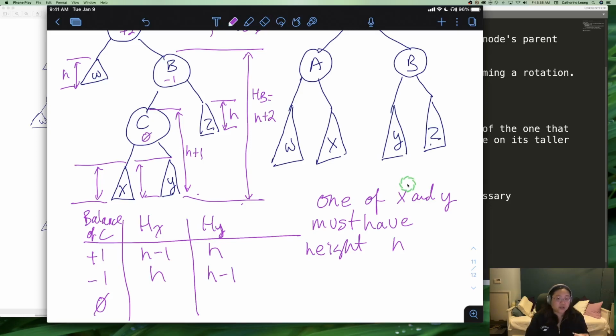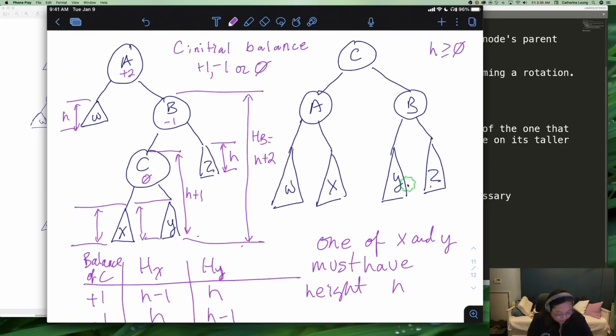If C has a balance of 0, they're equal in height, so both of them have to hold up C, so they're both h. So X and Y, one of them is allowed to be h minus 1, but at least one of them will be h.